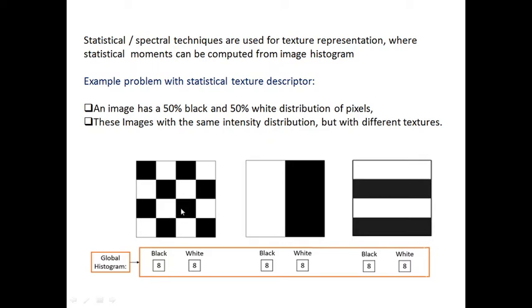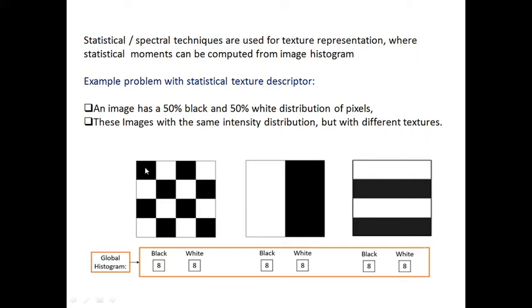The same thing you can see in this image and also in this image. So these three images have the same intensity distribution, 50% white and 50% black, but the textures are different here.